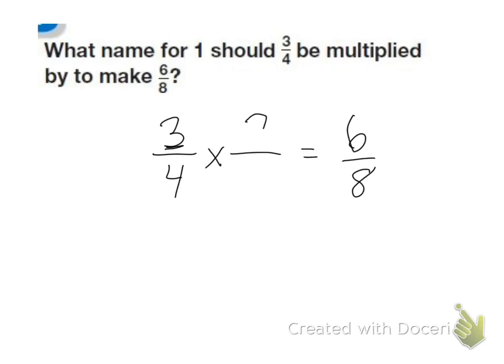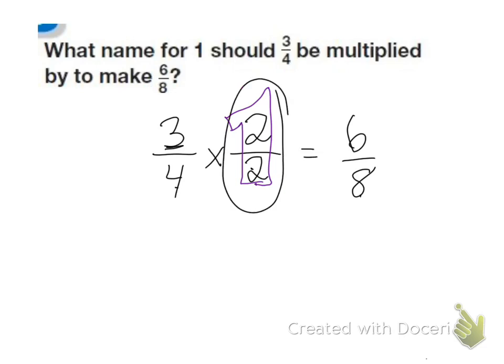Well, I know 3 times 2 equals 6. So if I need this fraction to equal 1, like it's supposed to, that means that the denominator also has to be 2. Okay, and we can check. 4 times 2 is 8. So the answer to this problem is 2/2, the fraction I was looking for.